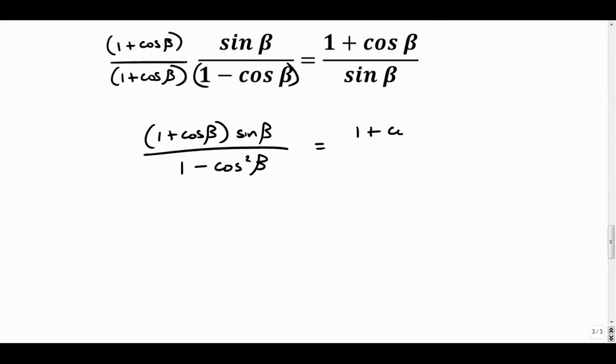So I need to get that to be 1 plus cosine beta over sine beta. Alright, well, at this point I did this verification 2 different ways, and I'm not going to show you both, but I will kind of discuss it. The first way I did it a couple months ago is I distributed these together.